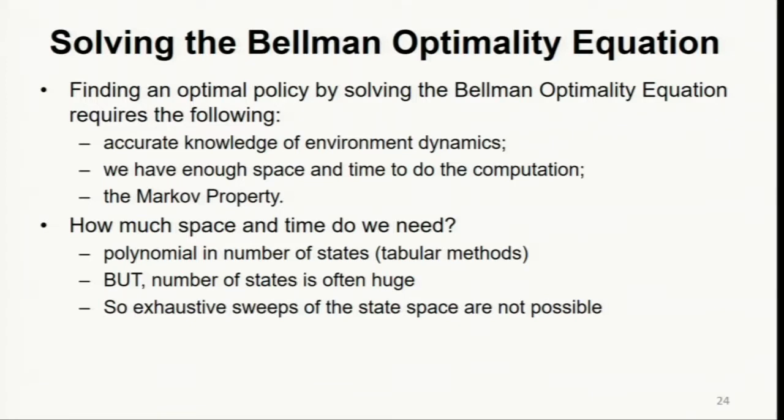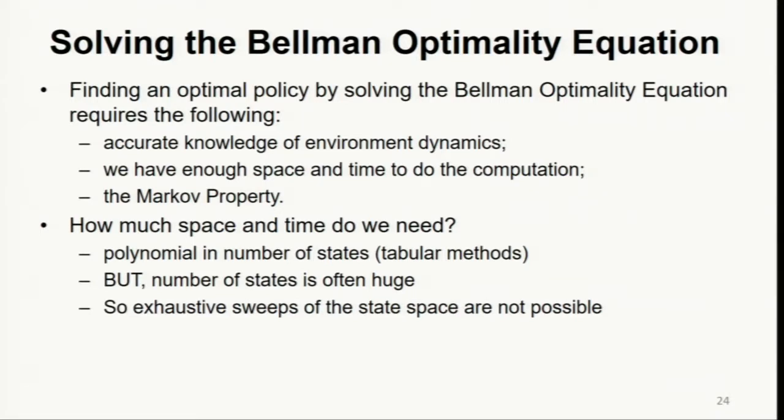Finding an optimal policy by solving the Bellman optimality equation requires accurate knowledge of environmental dynamics. What does this mean? That means you need to know the transition probability matrix. But in real world scenarios, many times we don't know the transition, so you need to estimate the transition probability.